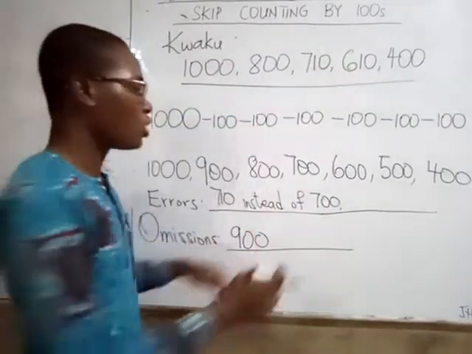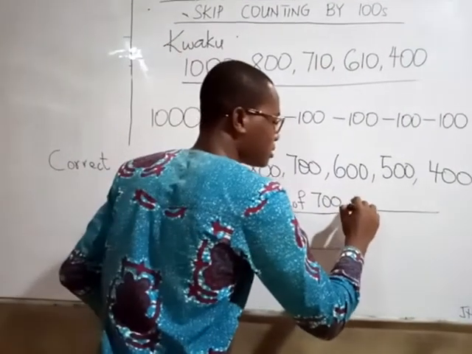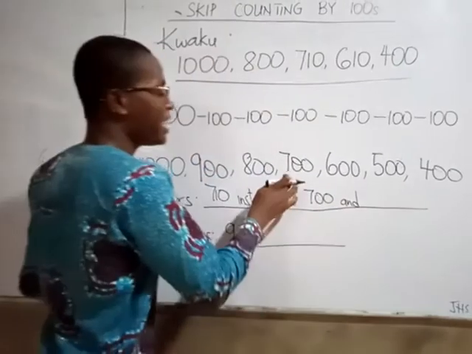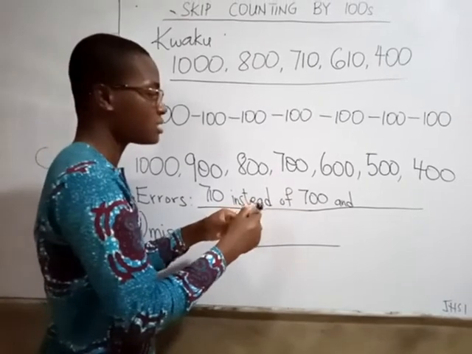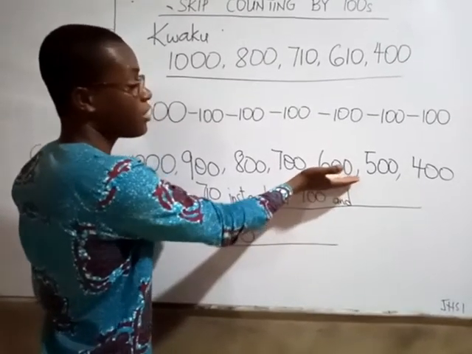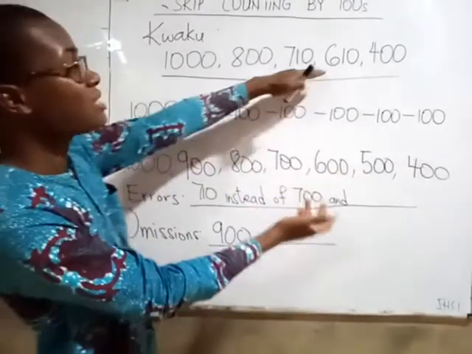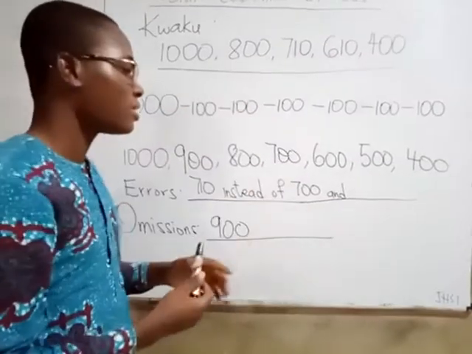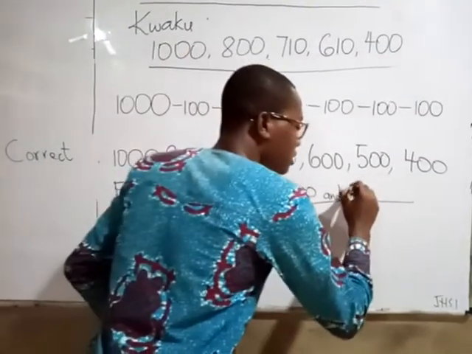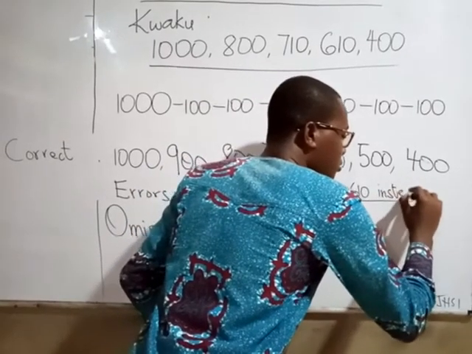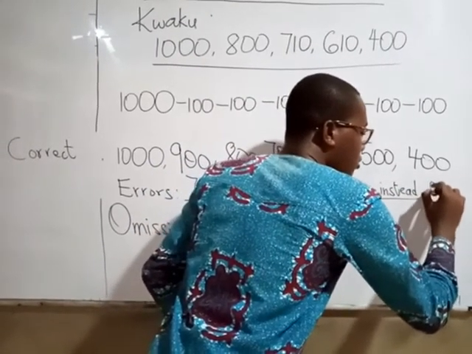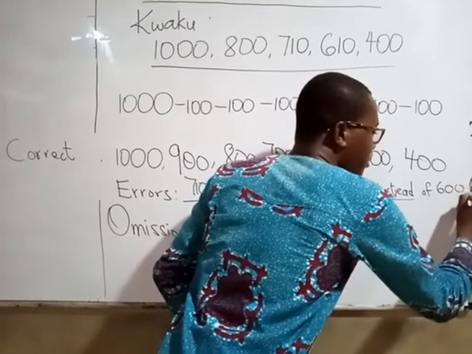Two. Now the next number to appear is 600. Instead of writing 600, he wrote 610. So he wrote 610 instead of 600.